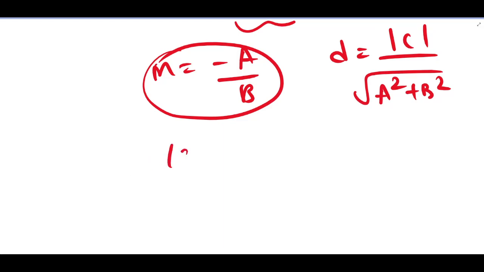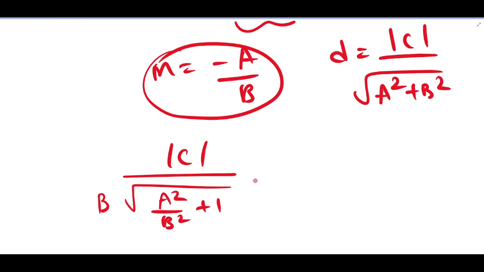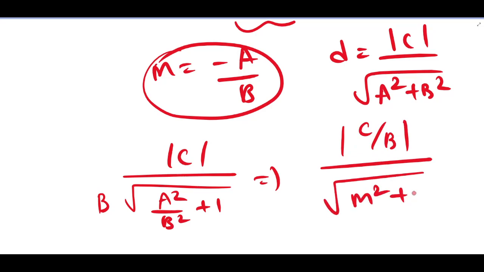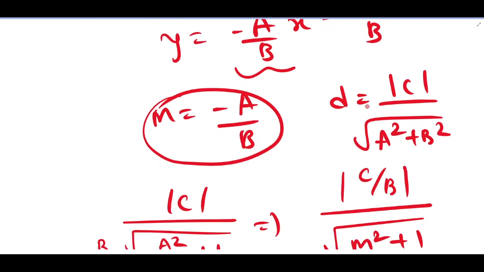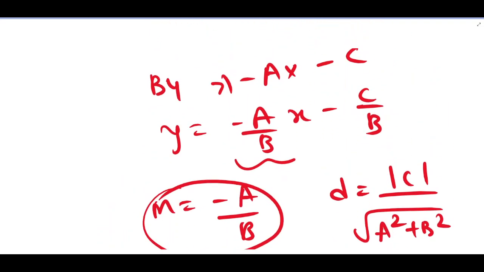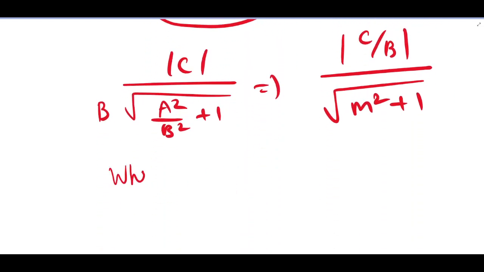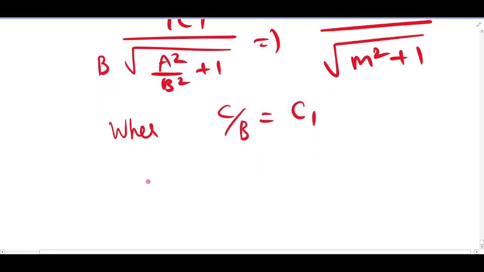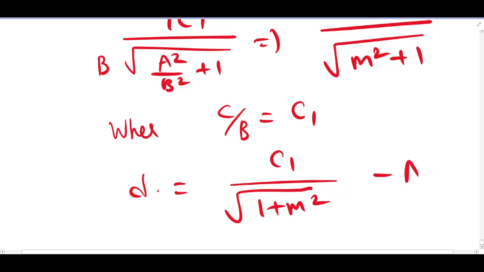Take b common in the denominator. We get b root of a square by b square plus 1, which is equal to c by b over root of m square plus 1, where c by b is equal to c1. So we get the distance of the first line from the origin as c1 divided by root of 1 plus m square. So this is equation A.